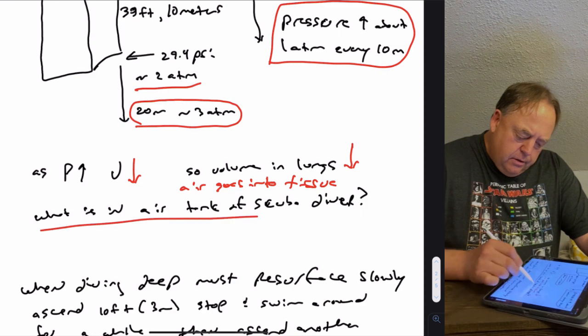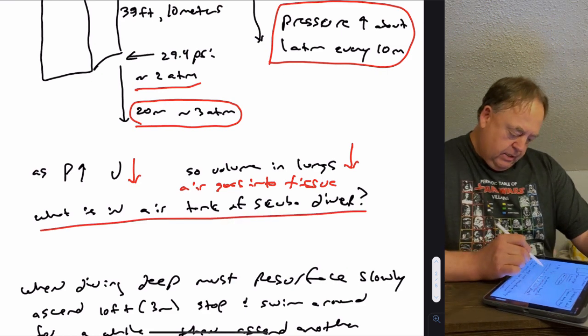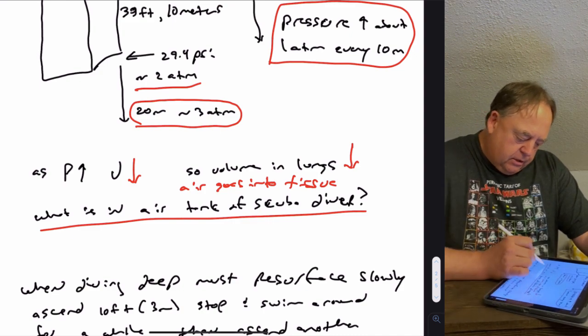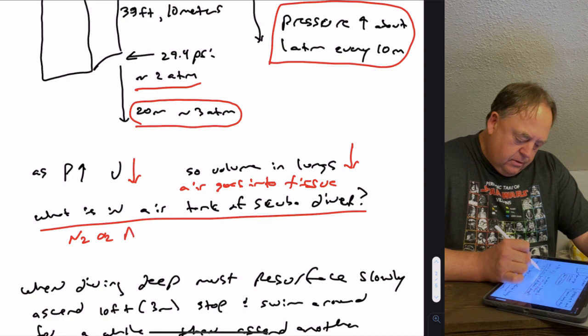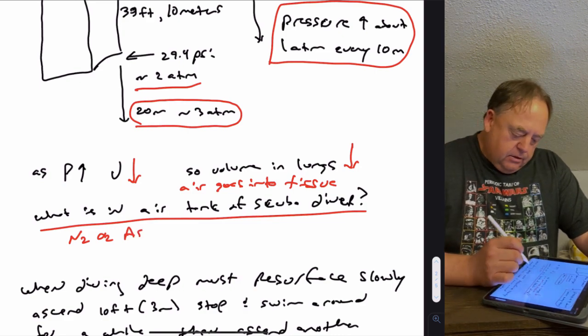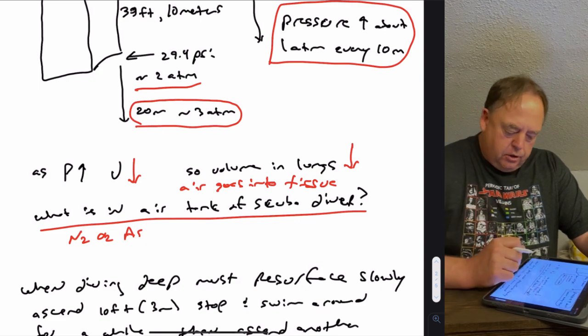So what is in the air in a scuba diver's tank? Well, that's nitrogen, of course, oxygen, and primarily argon, the top 3 gases in the atmosphere. So as you dive, you're getting more nitrogen into your tissues, more oxygen into your tissues, more argon into your tissues.